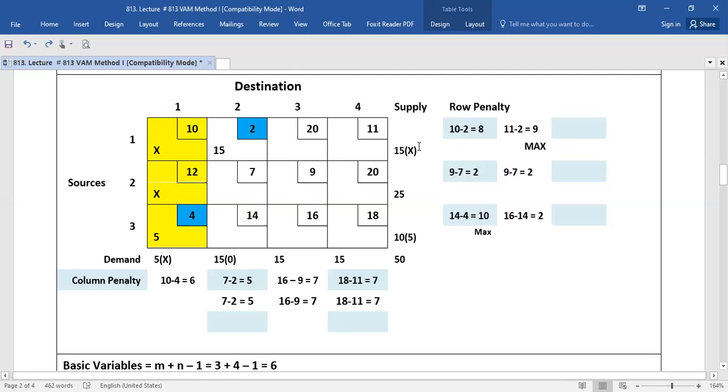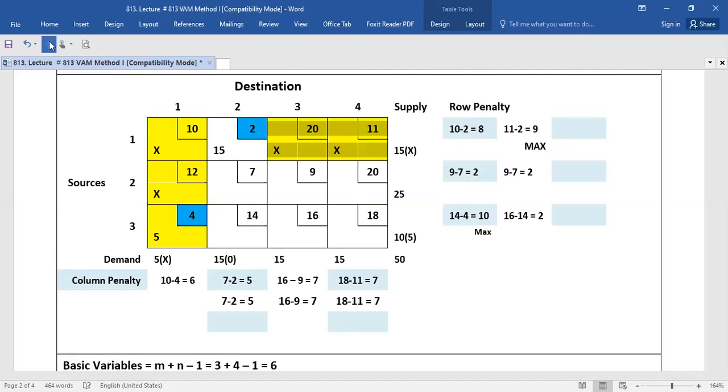It means the supply is complete. No more supply is here. So this source is now complete. You will put cross signs, and for your more convenience, I highlight this row. This row is now eliminated from the rest of the table.